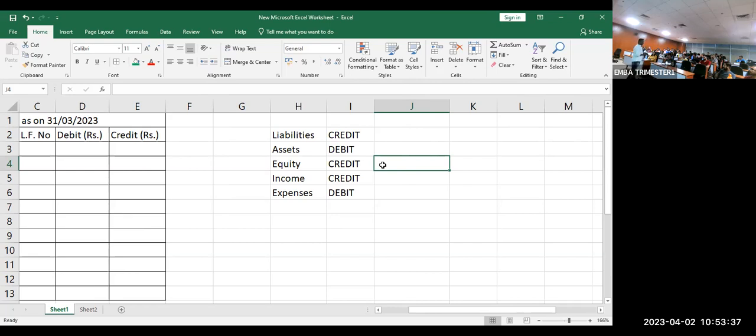Is it clear? Now, can I ask one question in the exam on trial balance? Will you write this? Write down, I'll tell one question.